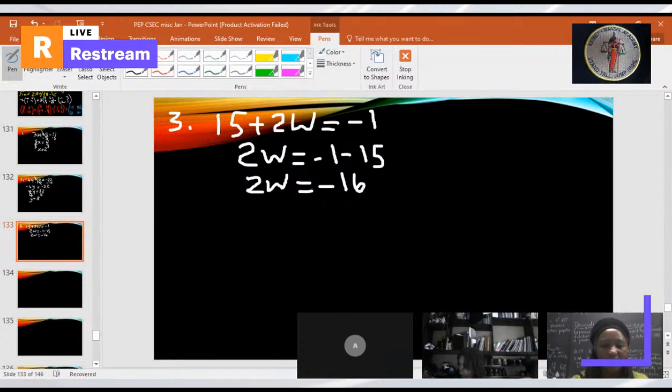So you're saying since we're multiplying 2 and w, we want to get rid of the 2, so we do the opposite, which is to divide by 2. Yes, Miss. So w would be negative 16 divided by 2. And what is that? That's negative 8, Miss. All right, negative 8.